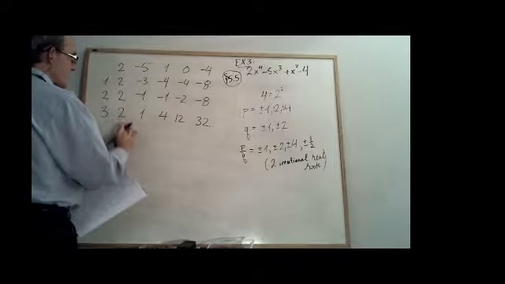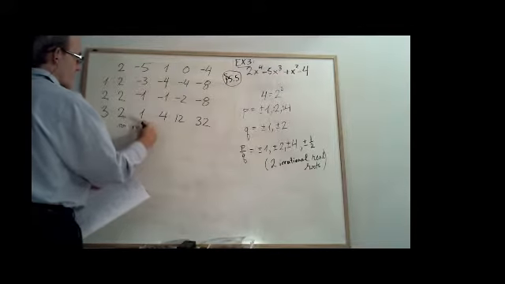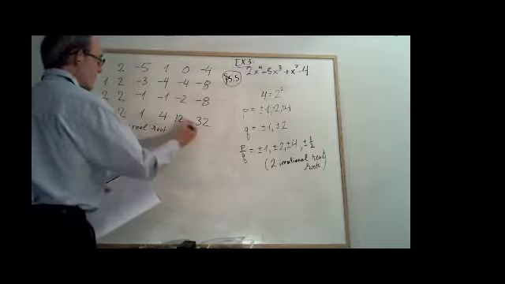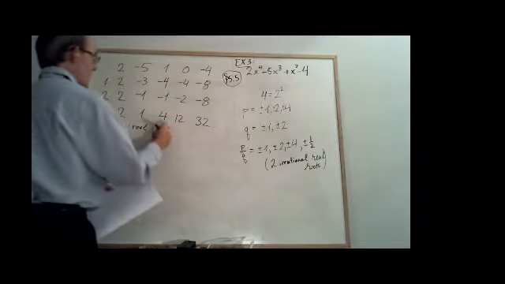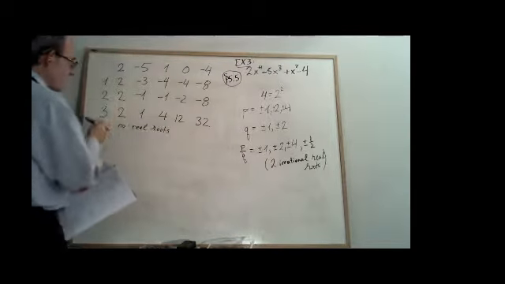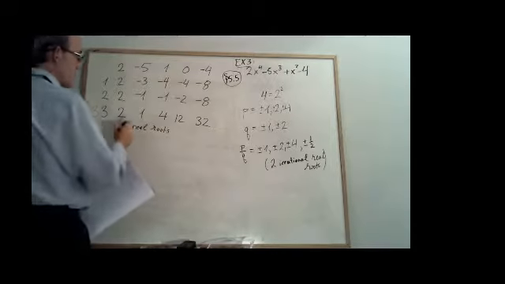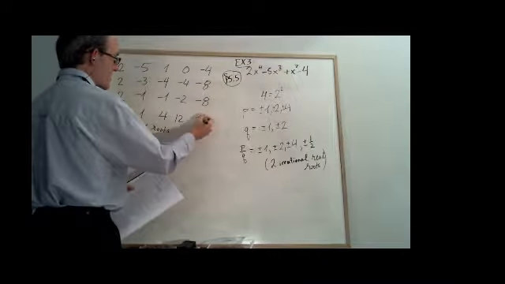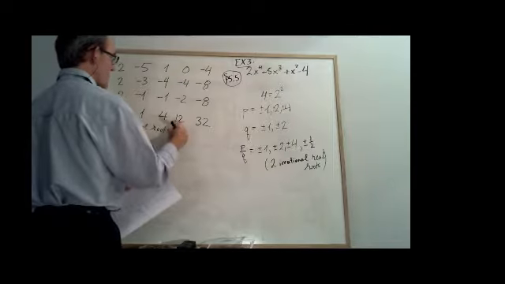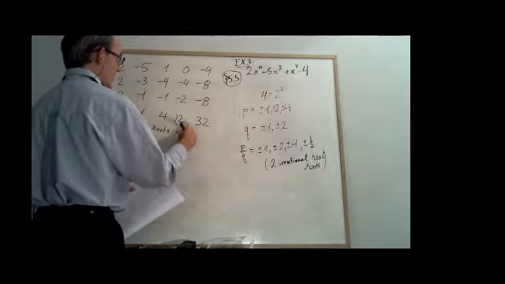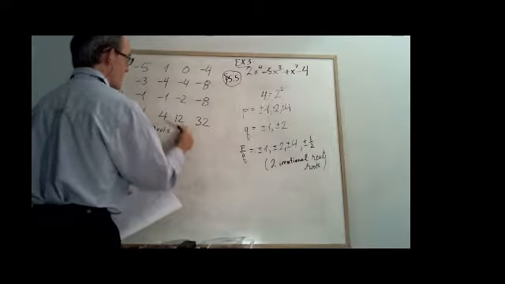Once you get all the signs the same, then if you go higher, that will remain the same, and this will never become 0. So no real roots for x greater than 3.